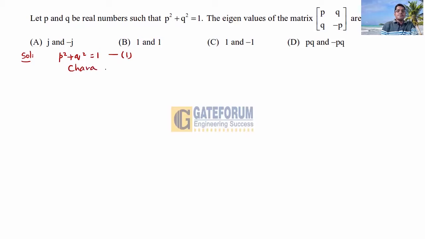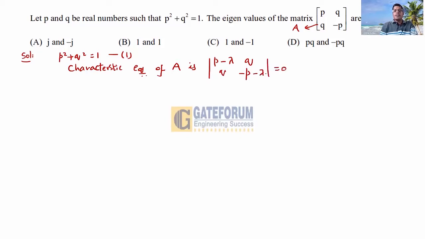Let us denote this matrix by A, capital A. The characteristic equation of matrix A is determinant of A minus lambda I, that is, p minus lambda, q, q, minus p minus lambda. For a 2 by 2 matrix, determinant is AD minus BC.